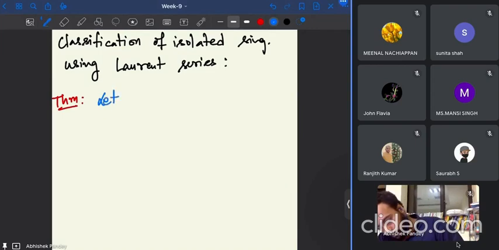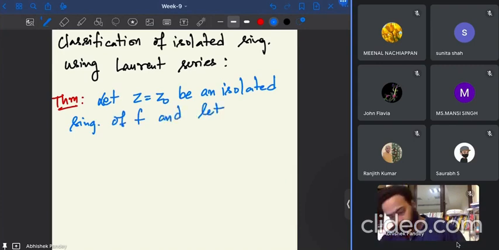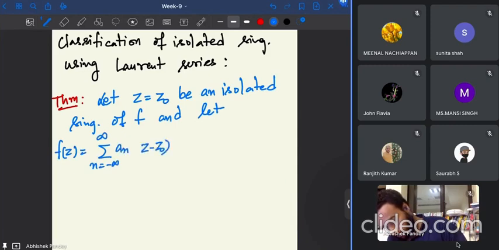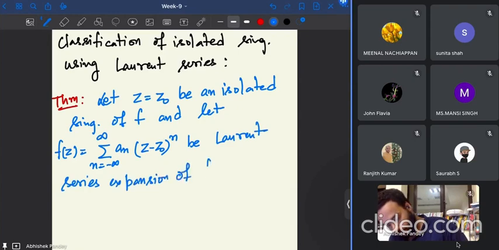So let z equals z naught be an isolated singularity of f, and let f of z equals the sum from n equals minus infinity to infinity of a_n (z minus z naught) to the power n be the Laurent series expansion of f in the annulus {z such that 0 is less than mod of z minus z naught is less than some r}.